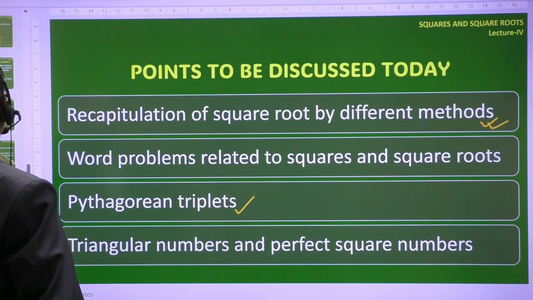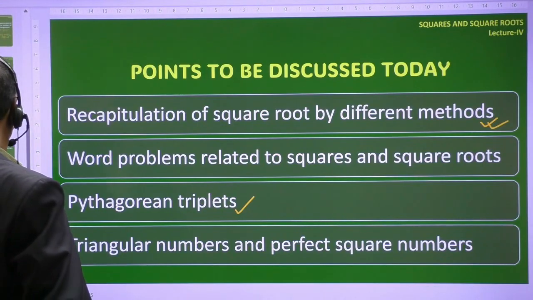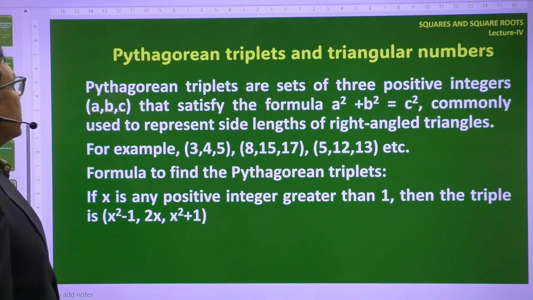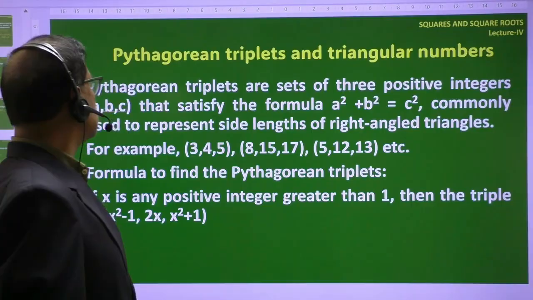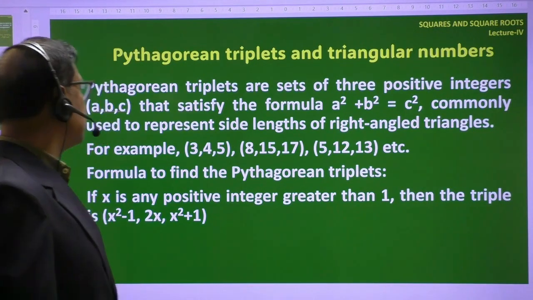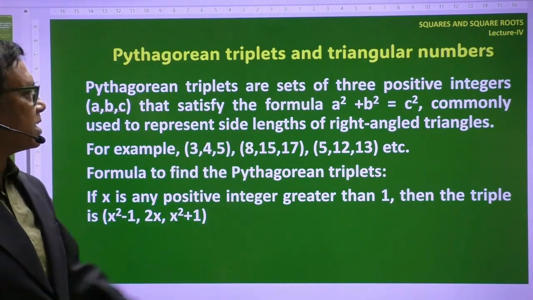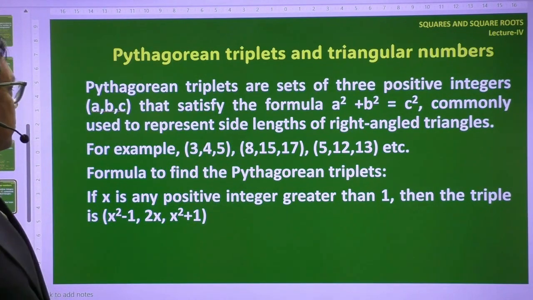Pythagorean triplets and triangular numbers. Pythagorean triplets are sets of three positive integers that satisfy the formula a square plus b square equal to c square, commonly used to represent the side lengths of right angle triangles.